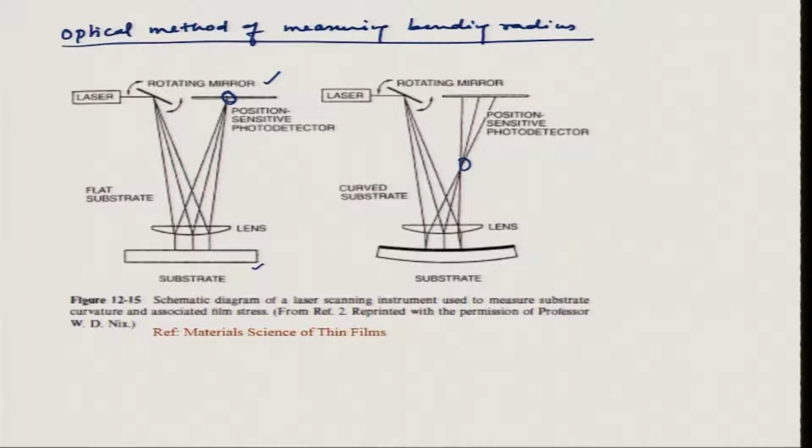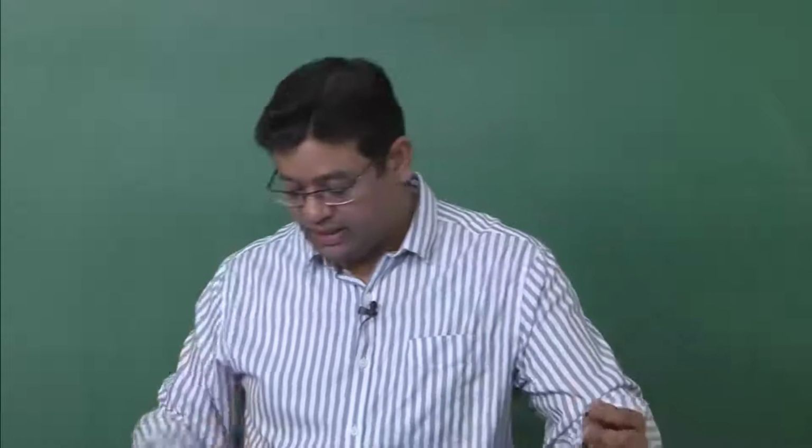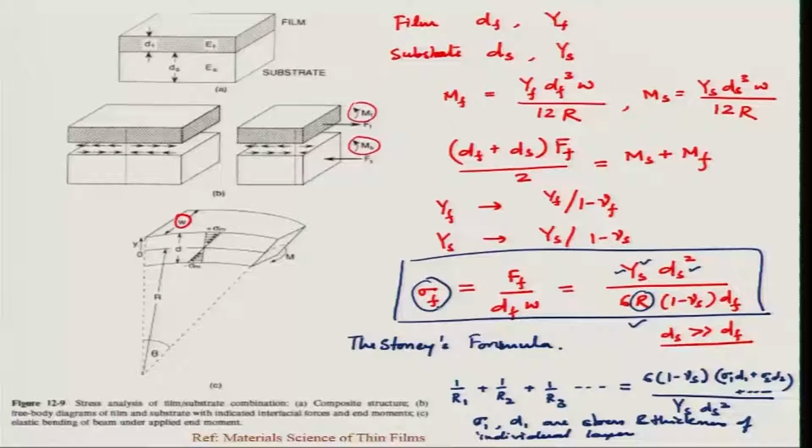Knowing the prior positions at the same points and the new positions, you can calculate the bending radius. And once you have the bending radius, you can go back to Stoney's formula and use it to calculate the stresses in the film.